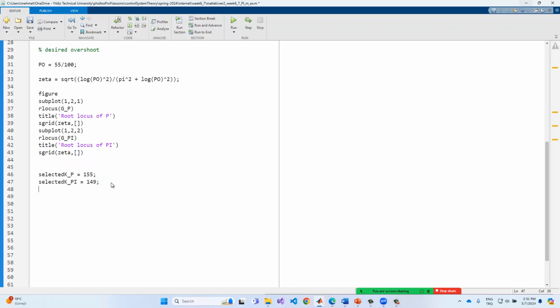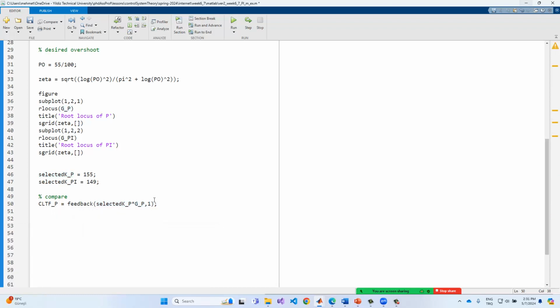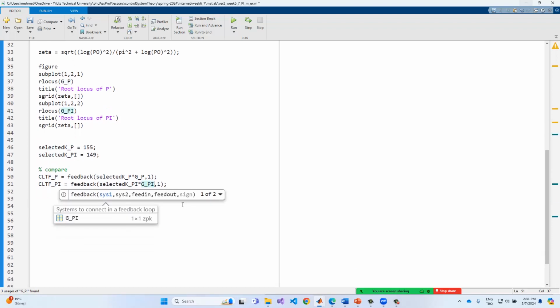Okay, how can we compare our results? CLTF PI can be calculated with the selected KP times GP1 and also the PI, right?